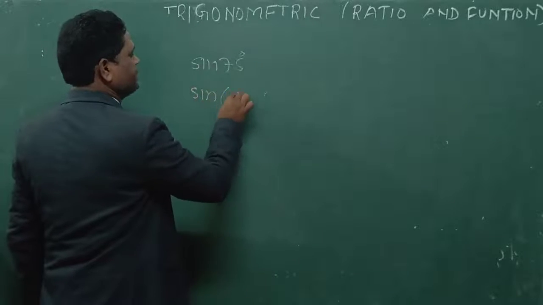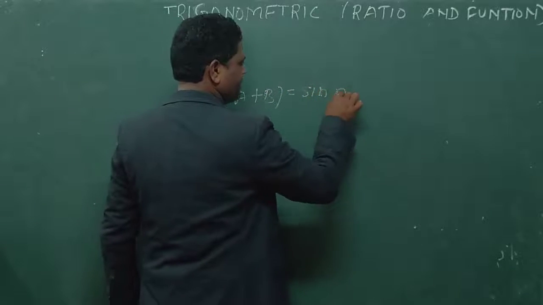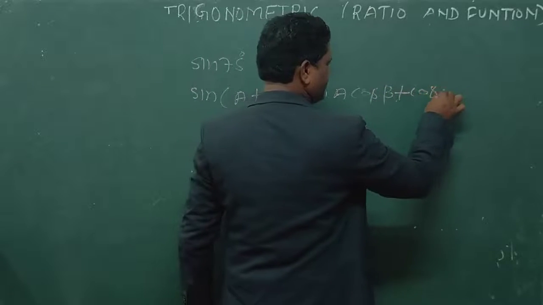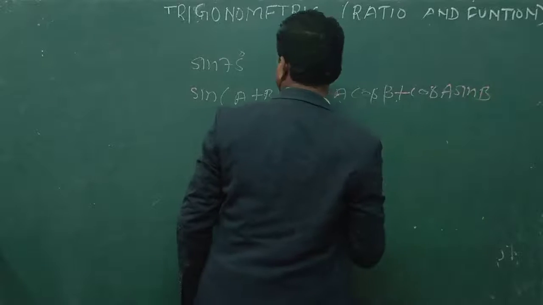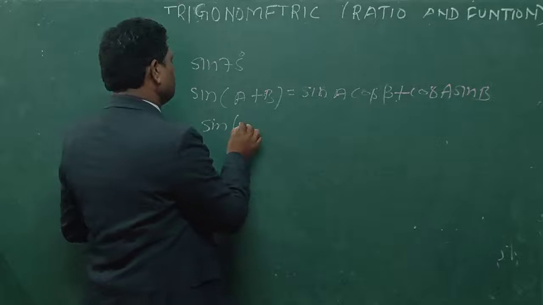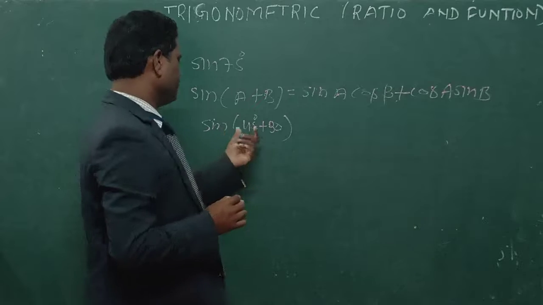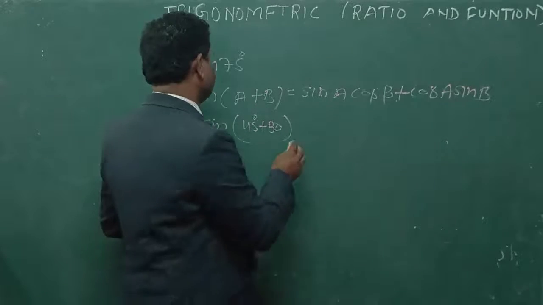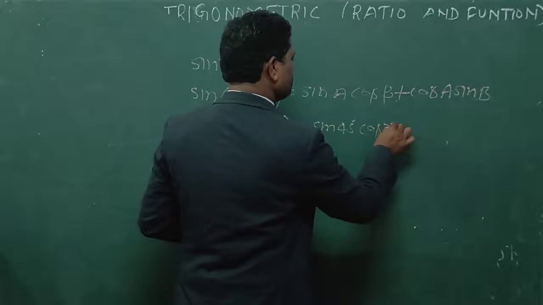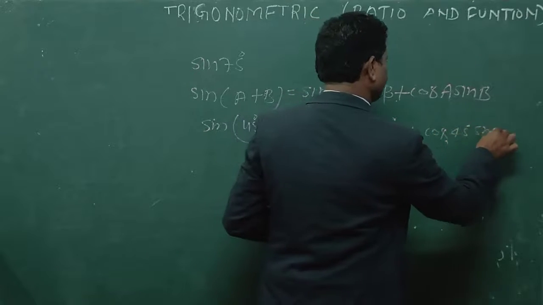We know that sin of A plus B equals sin A cos B plus cos A sin B. So sin 75 is in two parts, 45 plus 30 degrees. That means sin 45 cos 30 plus cos 45 sin 30.